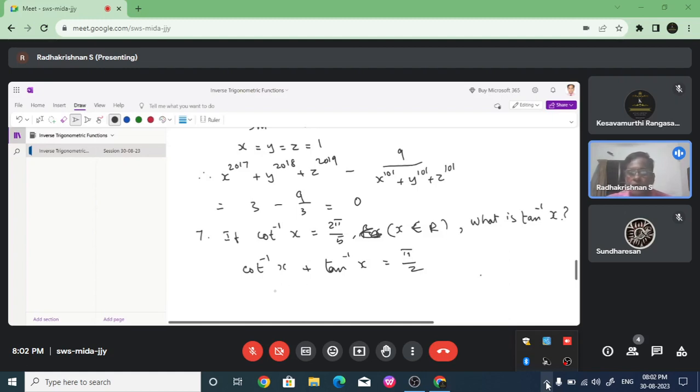So what is tan inverse now? Pi by 2 minus 2 pi by 5. This is very straightforward. So you get pi by 10.